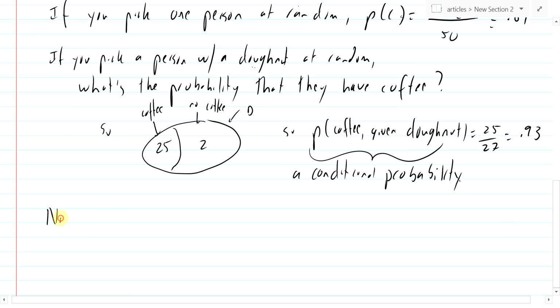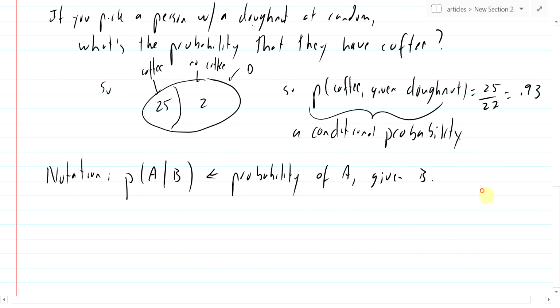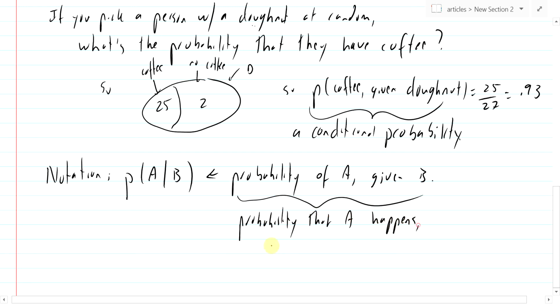So a little notation: P(A|B), with a vertical bar between A and B. This is the probability of A given B. I usually think of this as the probability that A happens if B has already happened.